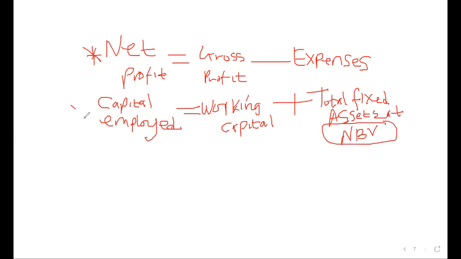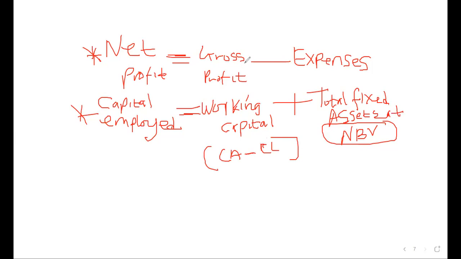So this is our capital employed: working capital plus the total fixed assets. But working capital we know is current assets minus current liabilities. That is how you get the working capital.